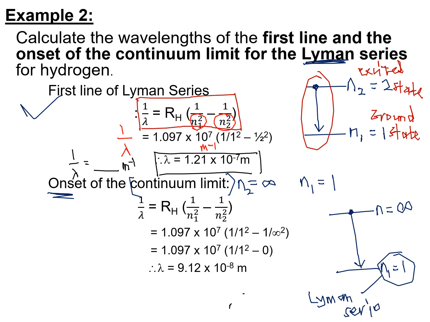Okay. So untuk cari wavelength yang ada transition of electron, you boleh gunakan, again, you can use the Rydberg equation formula. Okay. Where RH, where the Rydberg constant needs to be 1.097 times 10 to the power of 7. Okay.